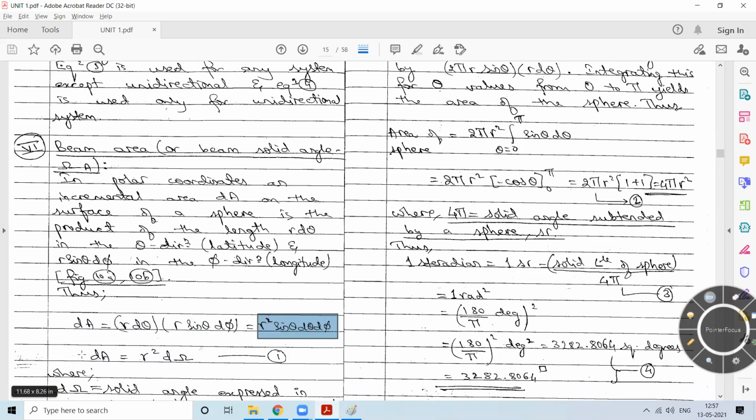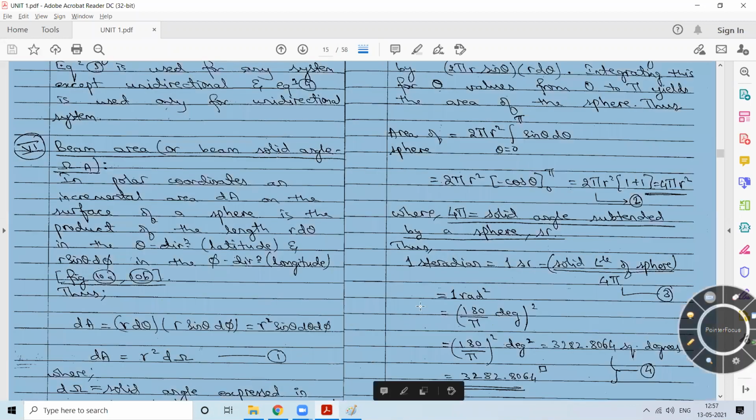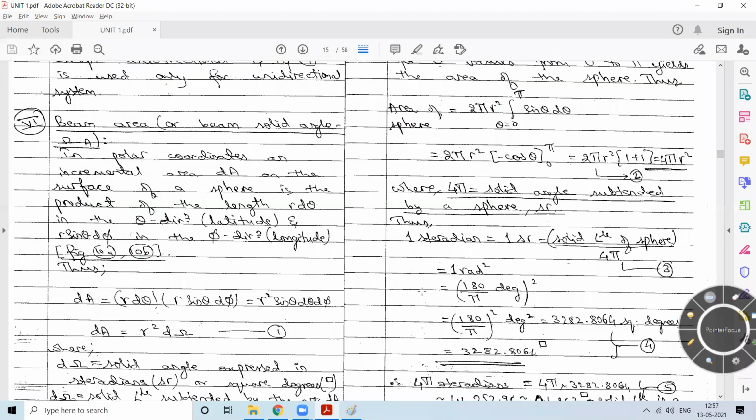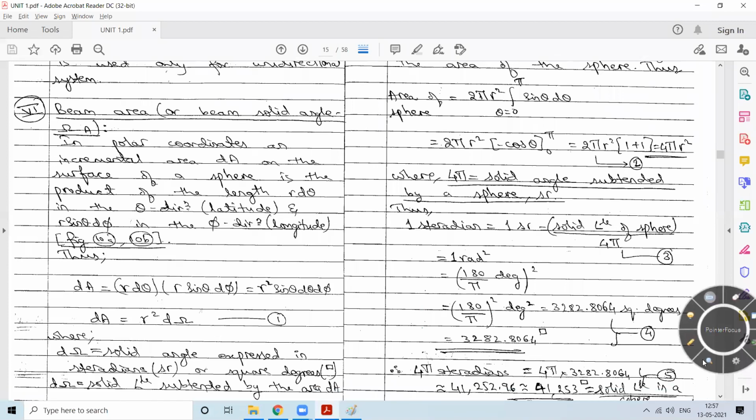And when we represent this elemental surface area in terms of the solid angle, it will be r square d omega. So omega can range from 0 to 4 pi. Solid angle can range from 0 to 4 pi.